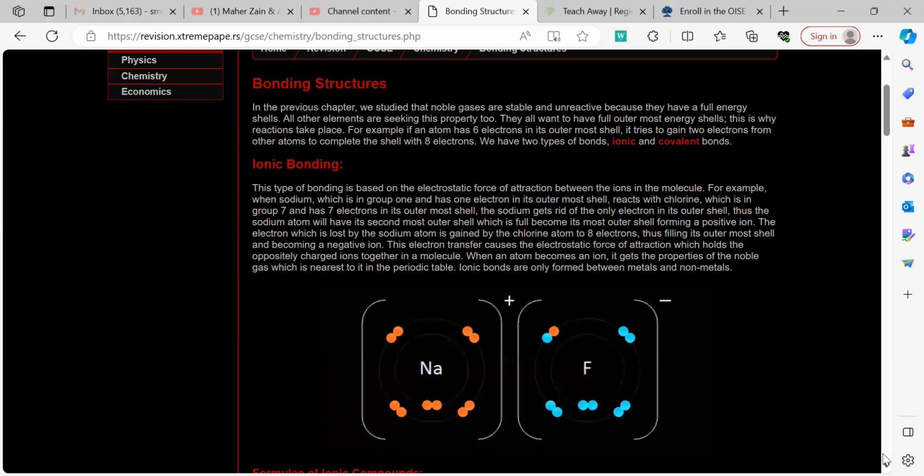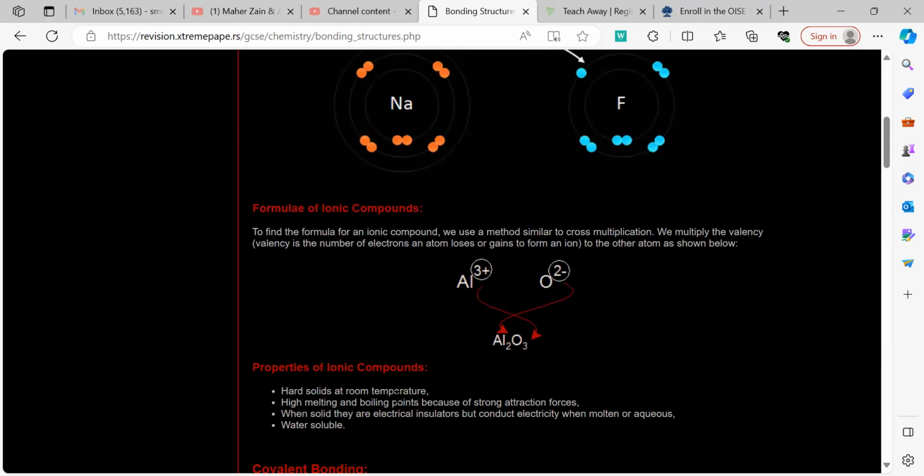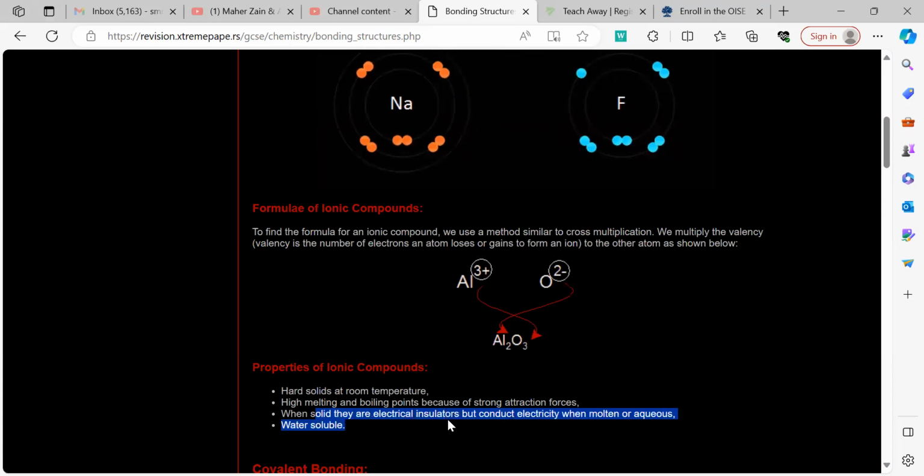Now we'll study the properties of ionic compounds. The most important property is that they conduct electricity when they are in the molten or aqueous state. It is a repeated question why they don't conduct electricity in the solid state.